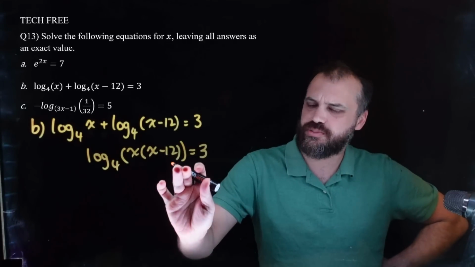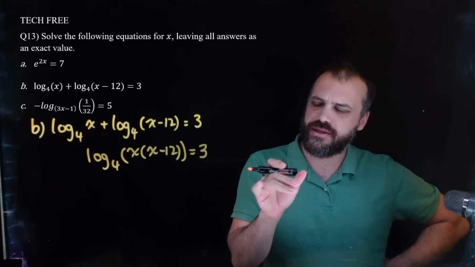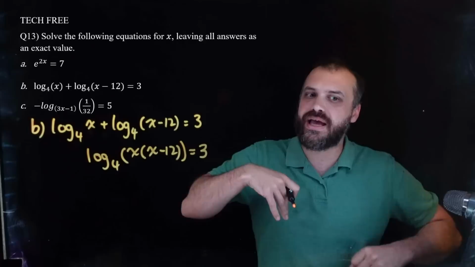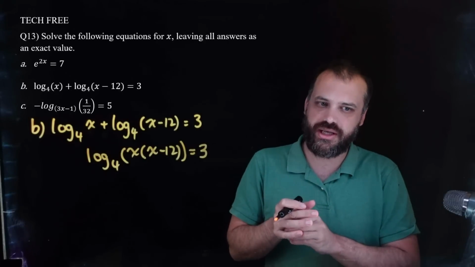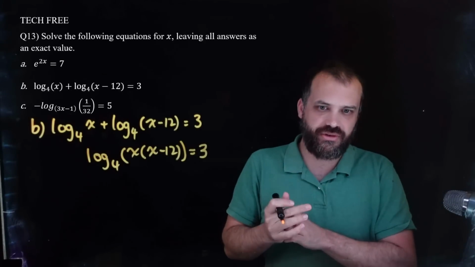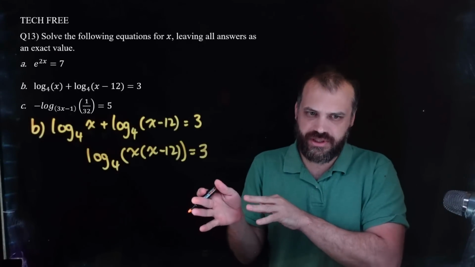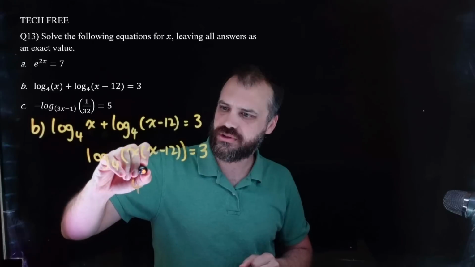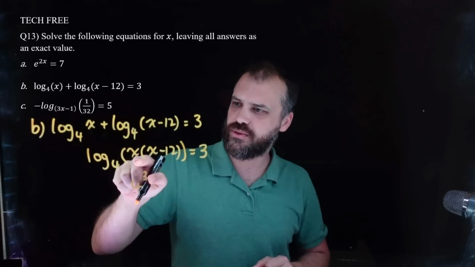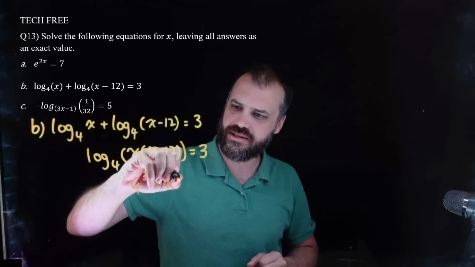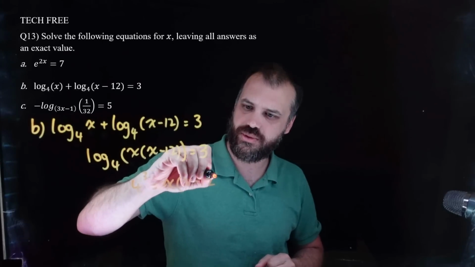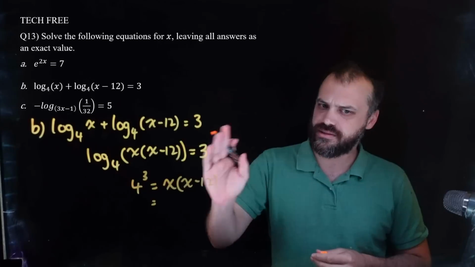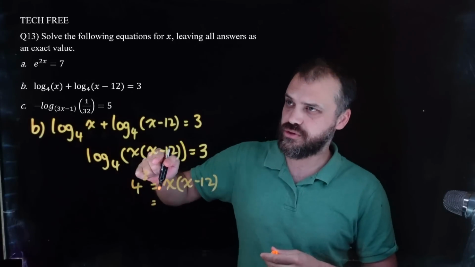Well, I guess I could expand this, but I'm not going to expand it. I think instead, I don't know what I should do, but I feel like maybe if I write this in exponential form, maybe it'll start to reveal itself. Don't be scared to try something and then just see what happens. So 4 to the 3 equals this, x times (x minus 12). 4 to the 3, that's 4 times 4 times 4.